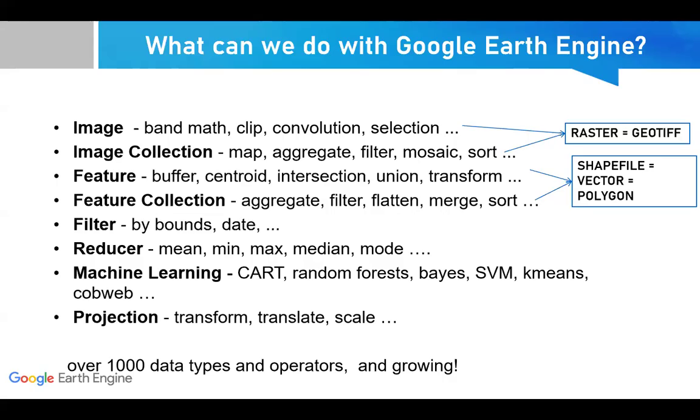And then for the advanced, we can use machine learning, like classification and regression trees, random forest, Naive Bayes, support vector machine, K-means, cobweb, and many more types of machine learning that we can use in Earth Engine.